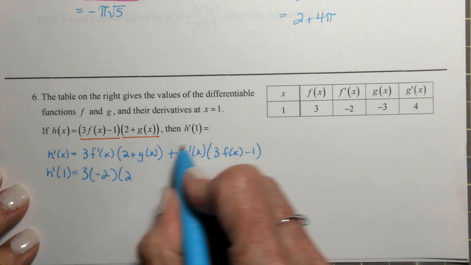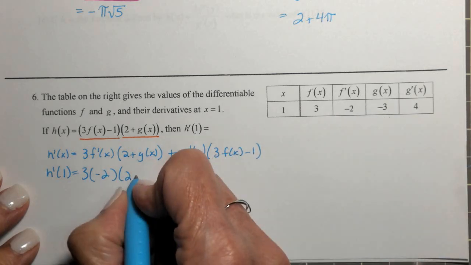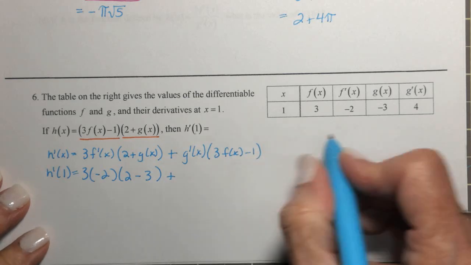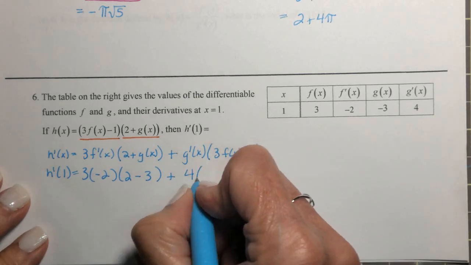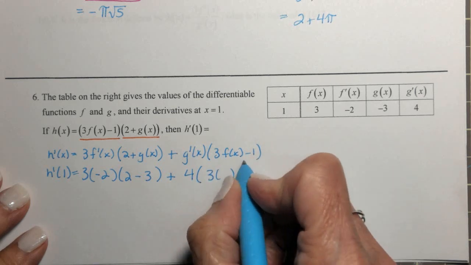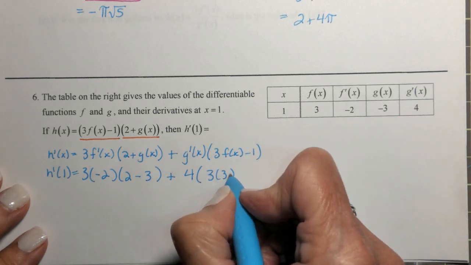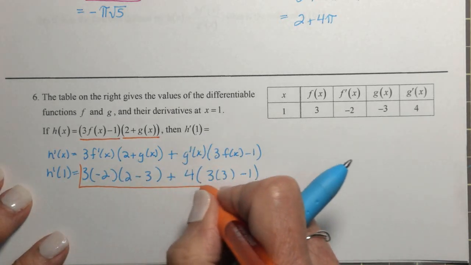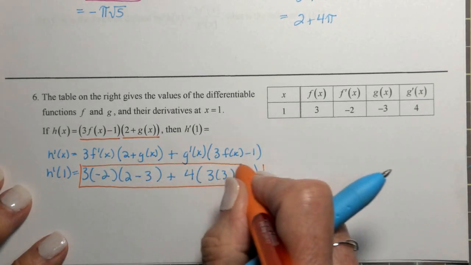G of 1 is a negative 3. G prime of 1 is 4. F of 1 is 3. This would be a safe stop spot. All numbers. Safe stop spot.